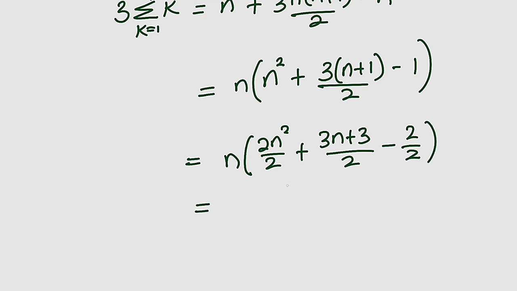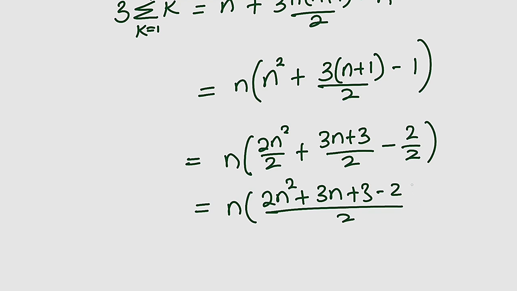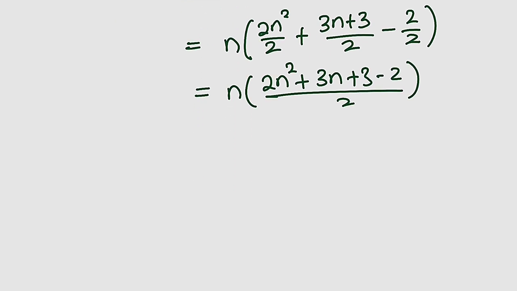This is equal to n multiplied by 2n squared plus 3n plus 3 minus 2, all divided by 2 because they have a common denominator. This is equal to n multiplied by 2n squared plus 3n. 3 minus 2 is 1, so we have plus 1.